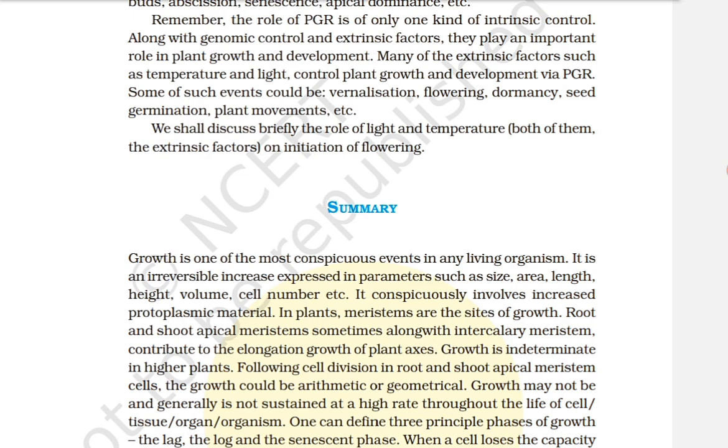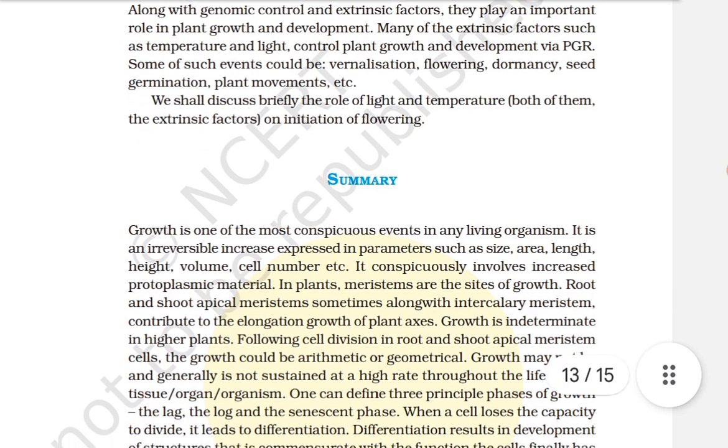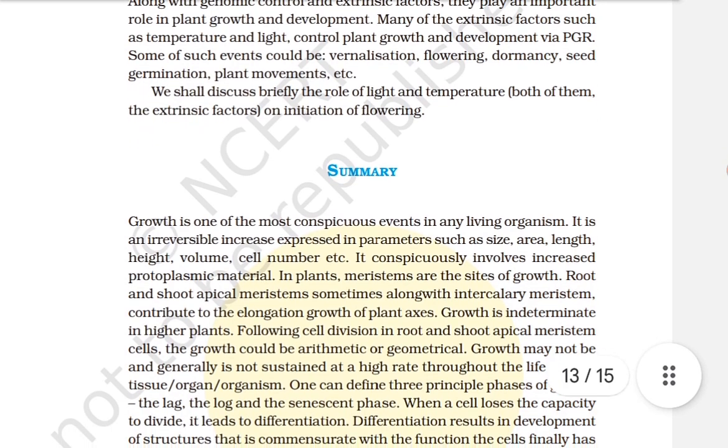Remember, the role of plant growth regulator is of only one kind of intrinsic control. Along with genomic control and extrinsic factors, they play an important role in plant growth and development. Many of the extrinsic factors such as temperature and light control plant growth and development via plant growth regulator.